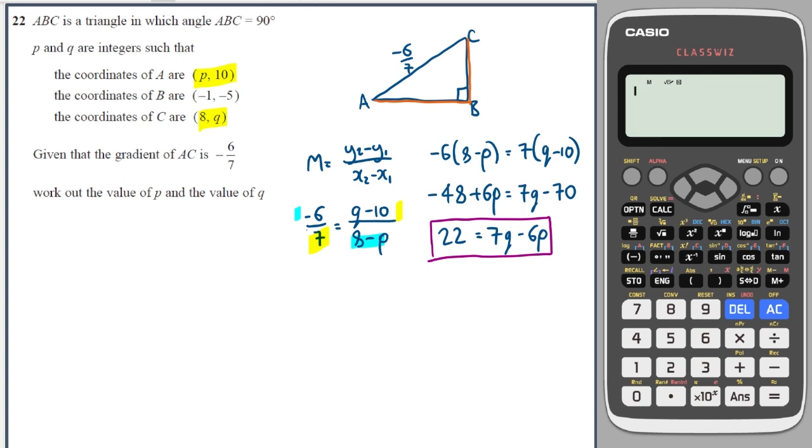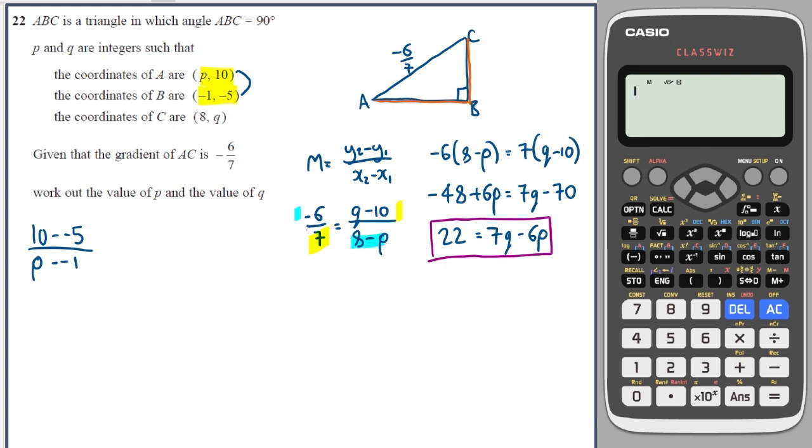Okay, so let's first start with the gradient of A to B. So again, what I'll need to do is look at A and B and do the change in the y's. So we'll take this away from that. So 10 minus minus 5 over the x's, so that will be p minus minus 1.